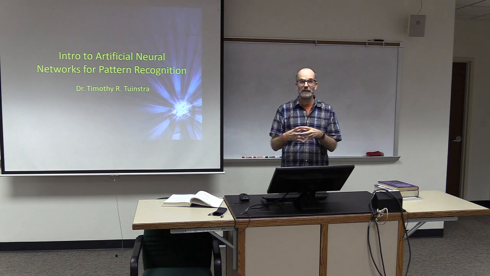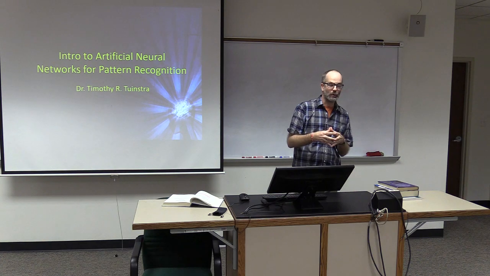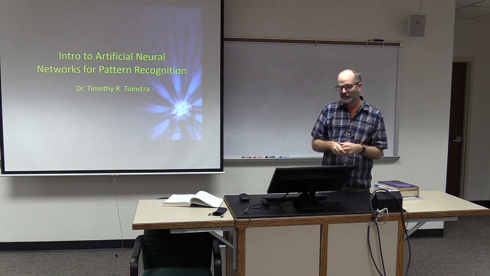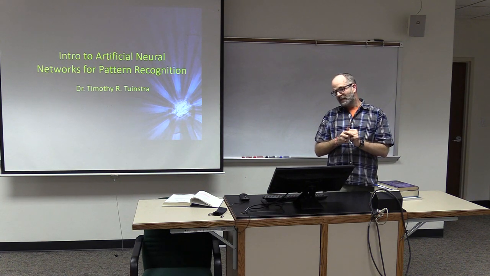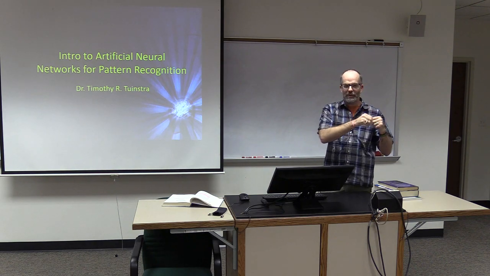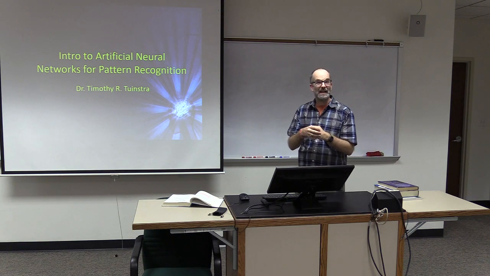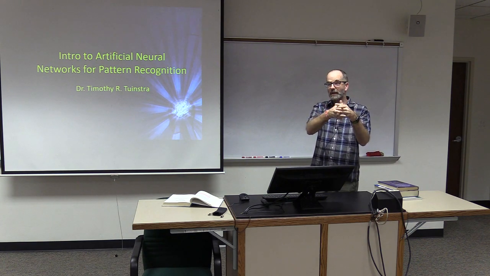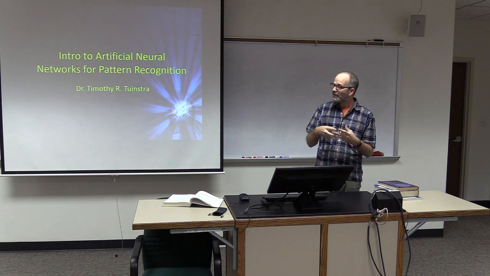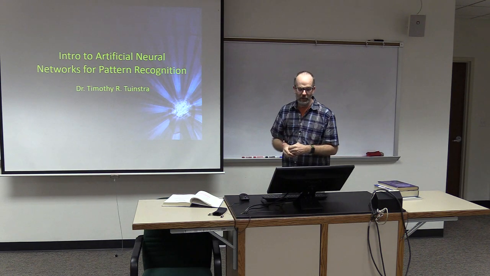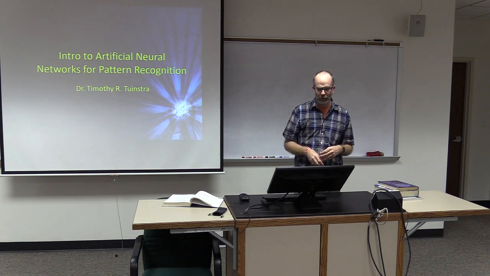That's a pattern recognition problem. We want to be able to look at data and say, is this an A, or is it a B, or is it a C? Automatically, we want to be able to do that. That's a little bit of the clustering problem that Dr. Gallmer talked about, but we can do a similar kind of thing with artificial neural networks.